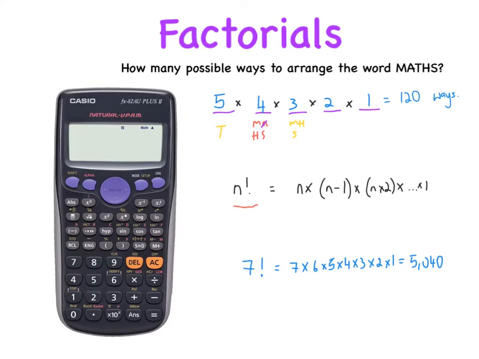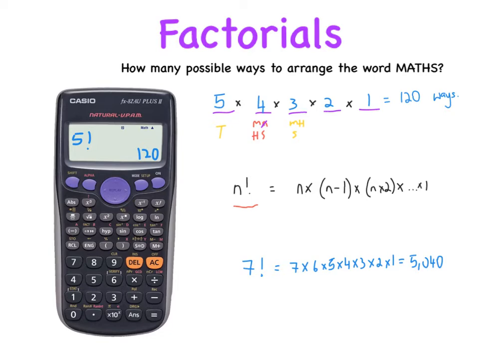So here, for example, if we want to do these 2 questions on the calculator, the first thing we'd press here is our 5, and then we press this button here, which has the exclamation mark, the factorial, and we'll get that on the screen, and then simply press our equals and we get our 120.